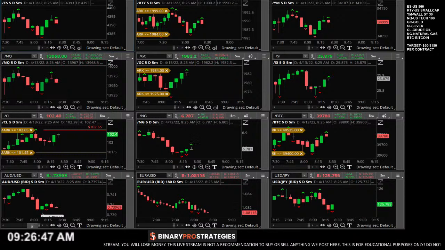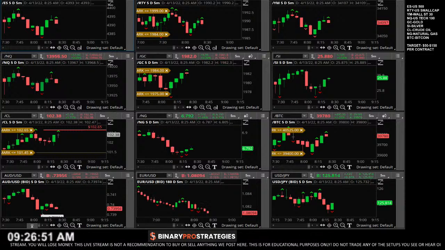Okay, a little bit less than 4 minutes to go for the Dow to open up here. I think the bias is going to be for a lower opening.